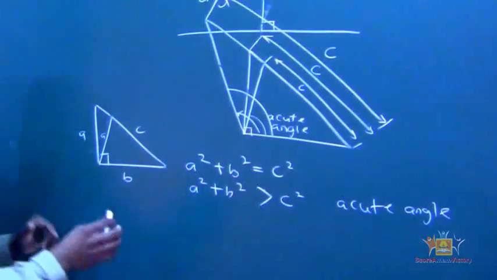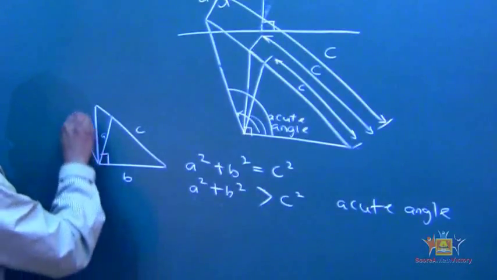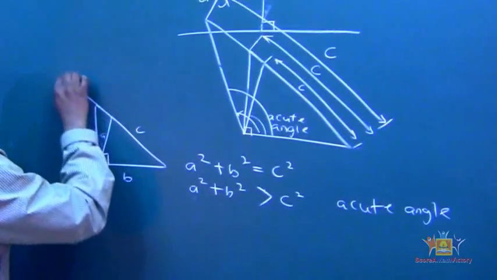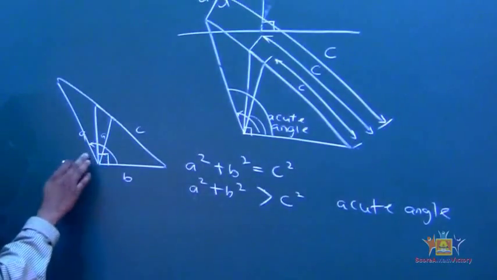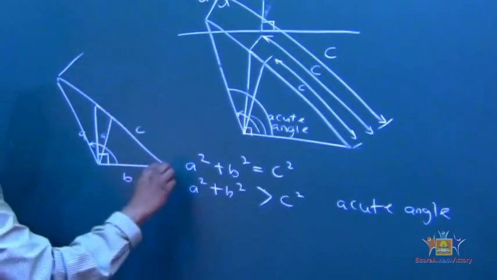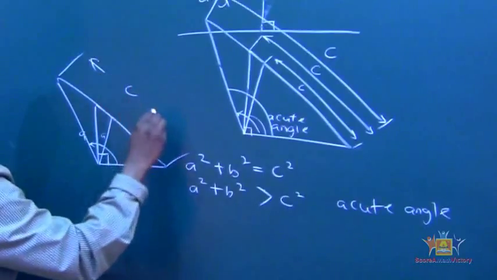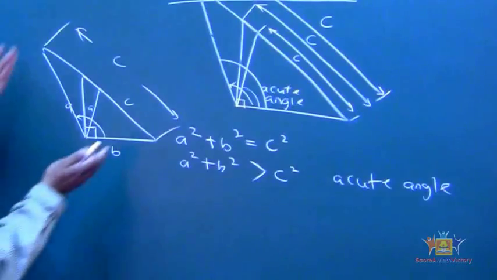Now when is it obtuse? Look at this. When the angle gets greater, it gets more than 90 degrees. Now look at the C. It's getting bigger, it's getting greater.